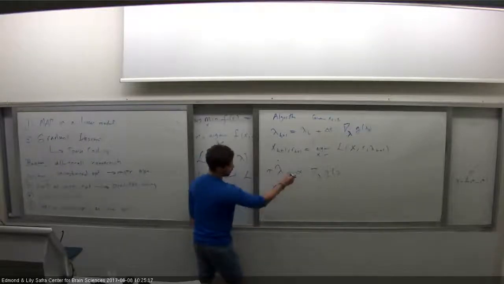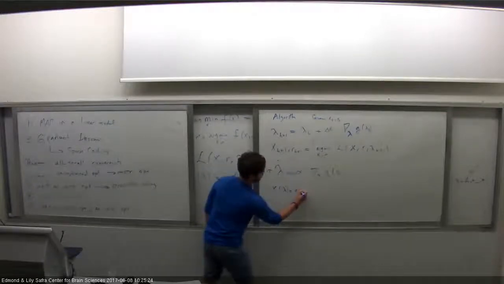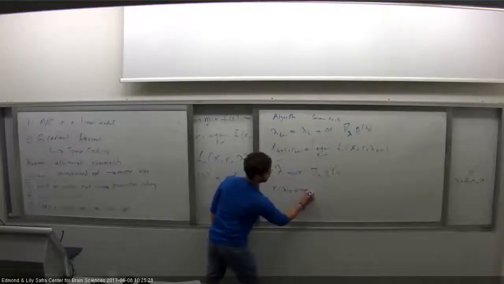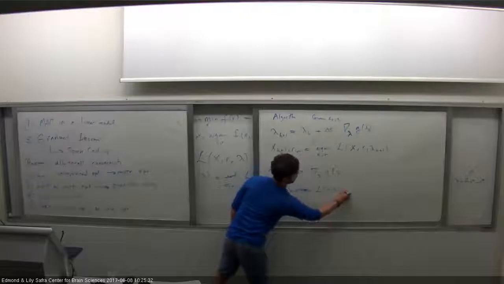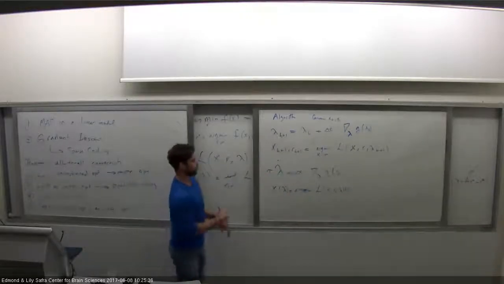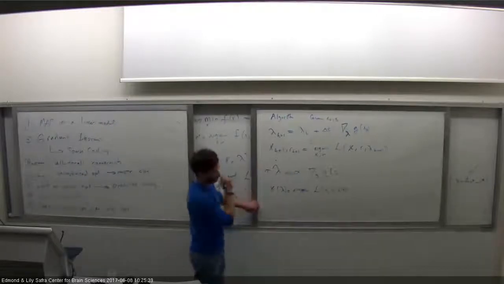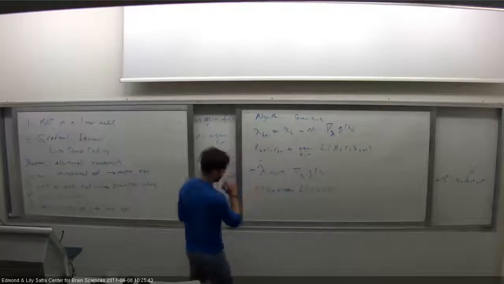So the values of x that you plug in will be x of lambda, just the argmin that you compute as you go. So if we actually write this out for our problem, we can see this.